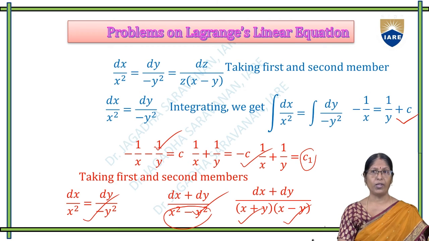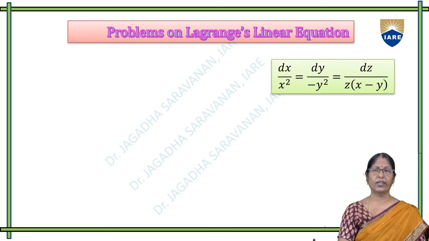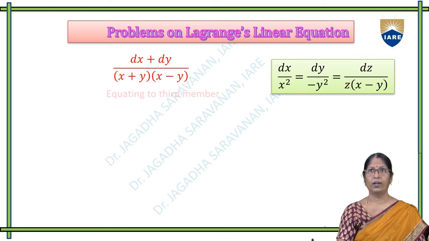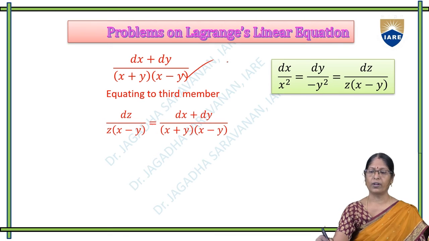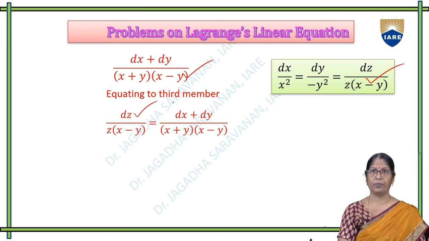Here our a and b are x and y. So the first and second member we added and we applied the a² − b² formula. Now we are going to equate this result to our third member, which is here.